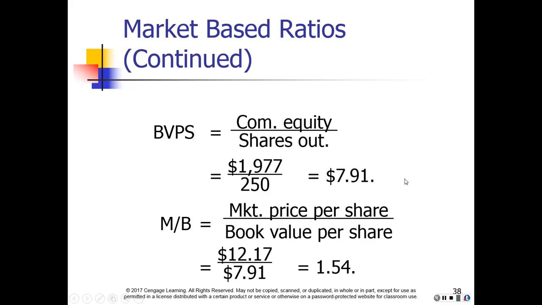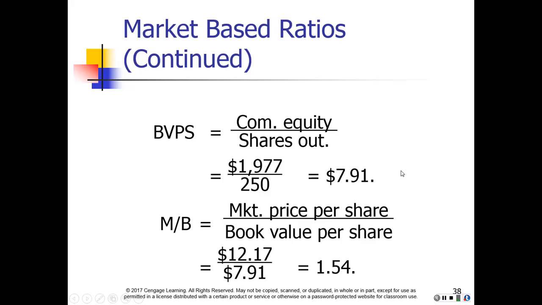Okay. Then market value to book value. For that we need to calculate book value per share. So we take the amount of common equity, which is your common stock and retained earnings combined, divided by the number of shares outstanding, and you get book value per share, which is 7.91 for 2017.